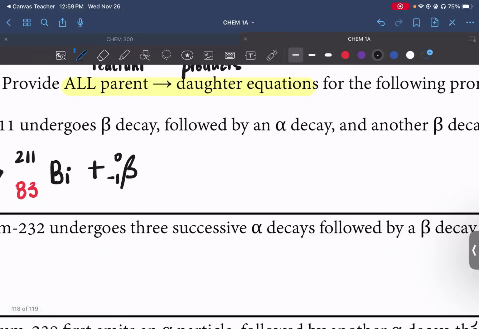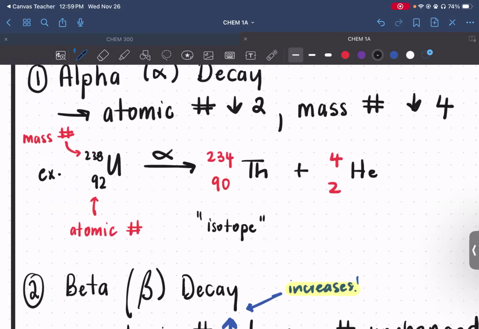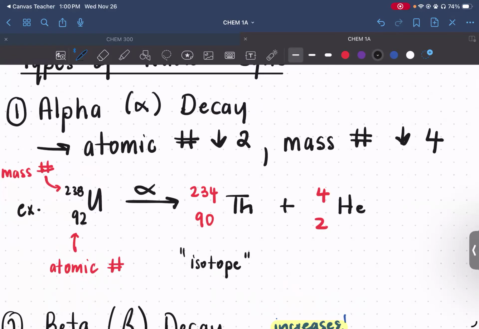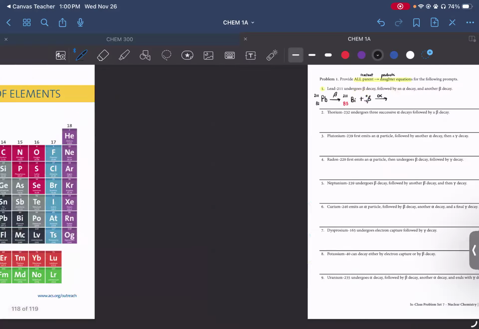That's not all. The equation then says it's followed by an alpha decay. So another arrow. We're going to write the alpha symbol. Let's check our notes to be absolutely sure. In alpha decay, the atomic number goes down by 2, and then the mass goes down by 4.